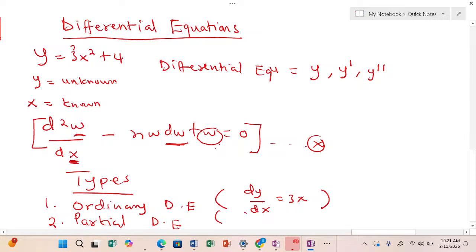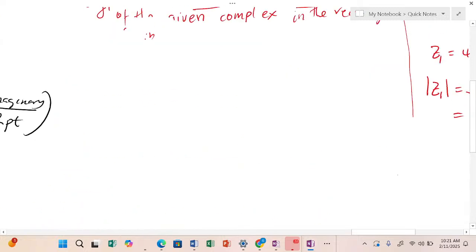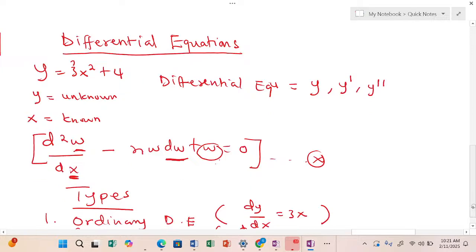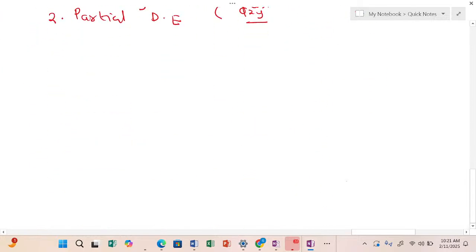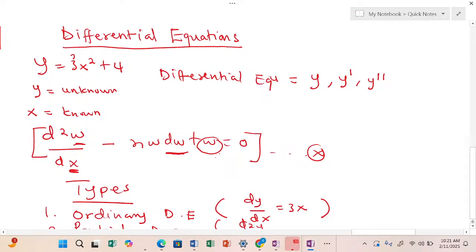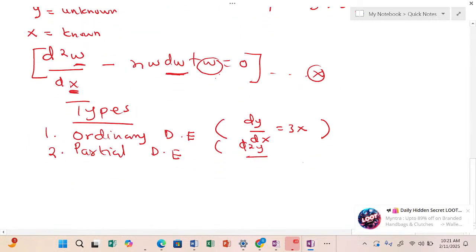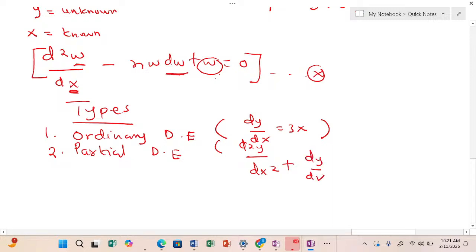An example here is d squared y over dx squared plus dy over dv.